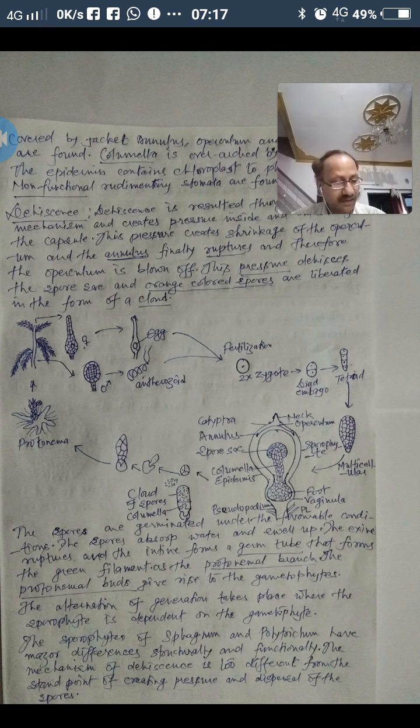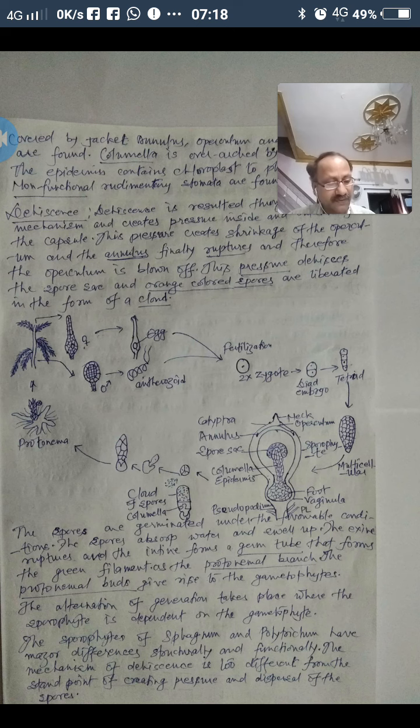When the spores germinate under favorable conditions, the spores absorb water and swell up. The exine ruptures and the intine forms a germ tube that forms the green filament as the protonemal branches.